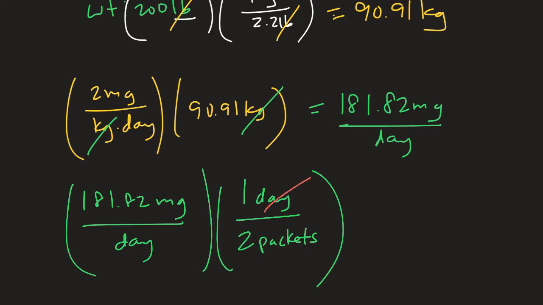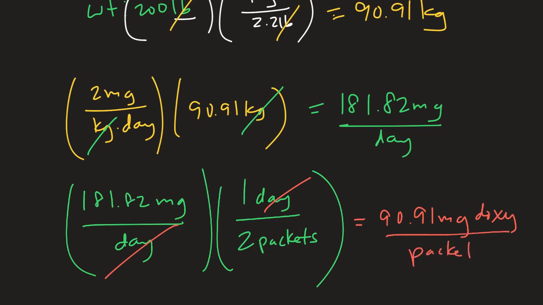So days cancels out in the numerator and denominator, so 181.82 divided by 2 gives you 90.91 mg of doxycycline per packet.